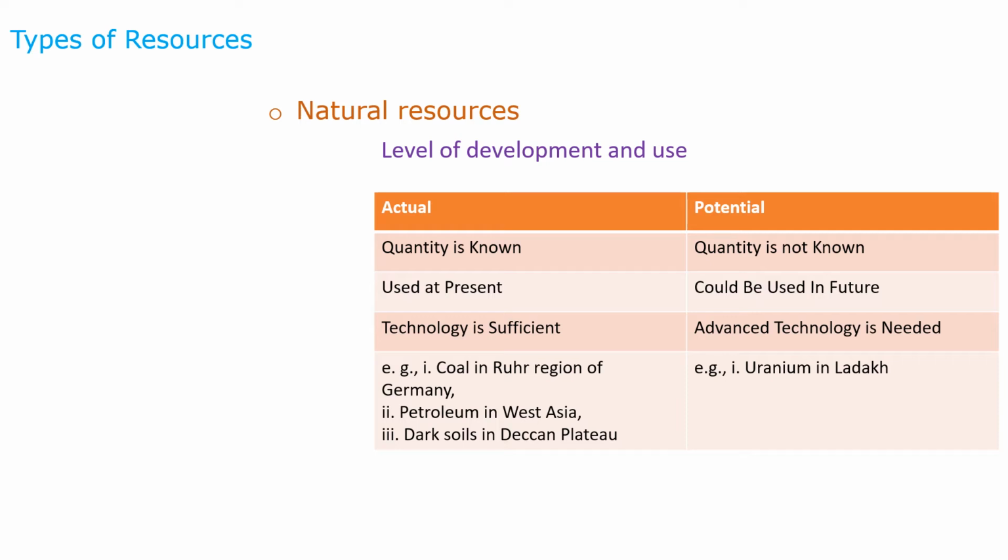Previously, wind energy, solar energy or flowing water were used just for our day-to-day uses. For example, sun energy was used to dry things like seeds, grains, or papads.